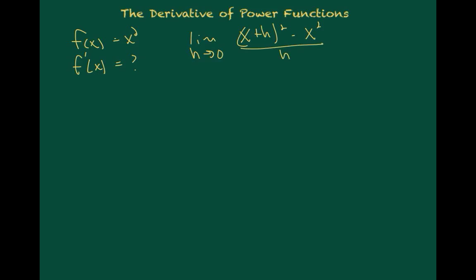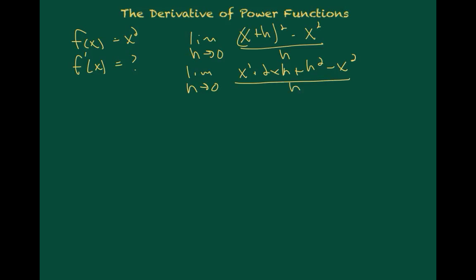Now, if we plugged in 0 for h, we'd get 0 over 0, which would tell us to do something. So let's try expanding that numerator. And I get x squared plus 2xh plus h squared minus x squared all over h.